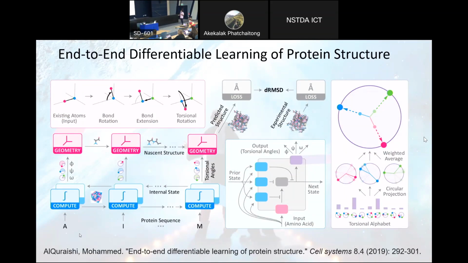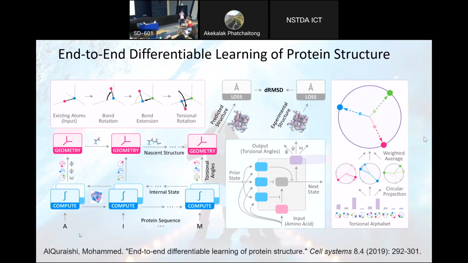What we should rather do is feed in the MSA, and hopefully our machine learning method learns all these steps and gives us the geometry. So Mohammad AlQuraishi published this paper in 2019, but I think he had a paper before that too, who first said we can have an end-to-end differentiable network where we don't have to go through all these steps explicitly.